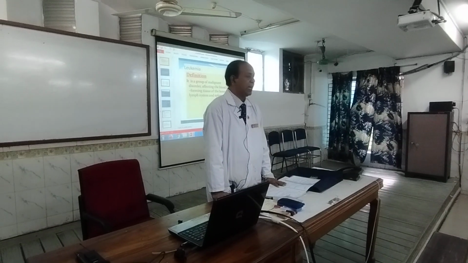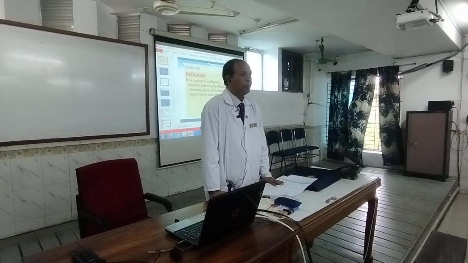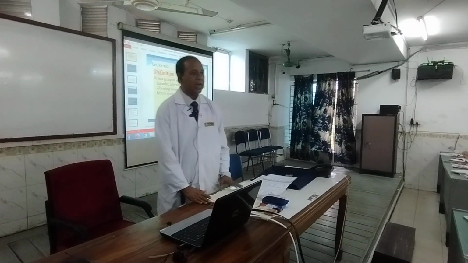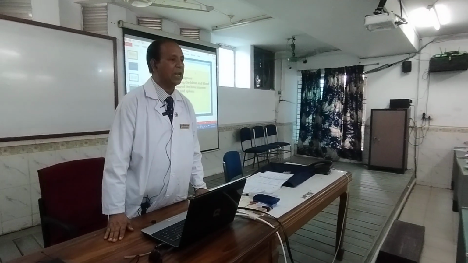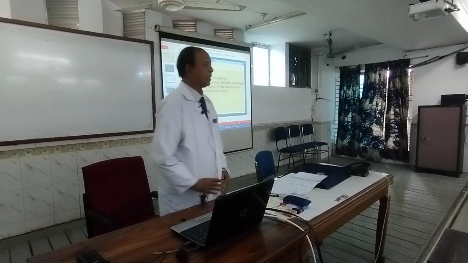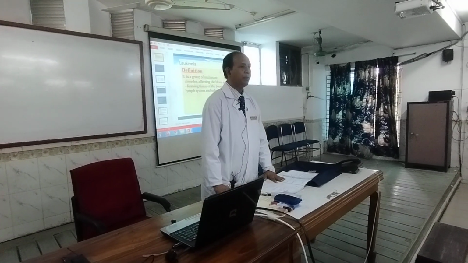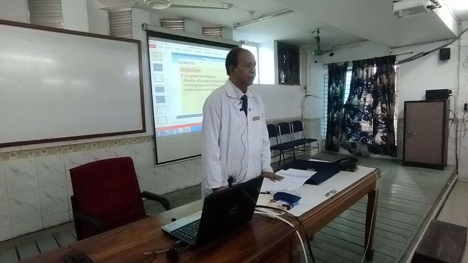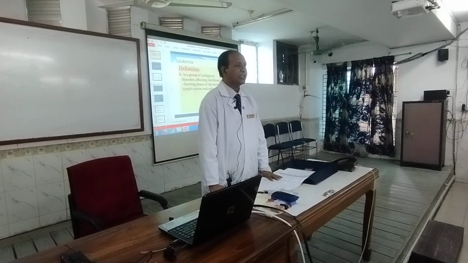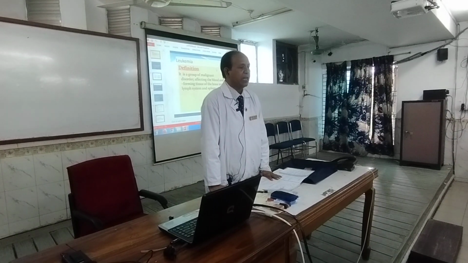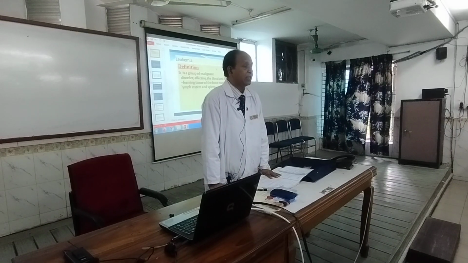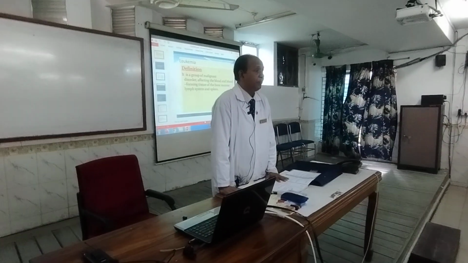Next, I would like to talk about acute lymphoblastic leukemia. How is it classified? First is the morphological classification: L1 is a small cell with scanty cytoplasm, then L2 is a larger cell with big cytoplasm, and L3 is a big cell with vacuolation.